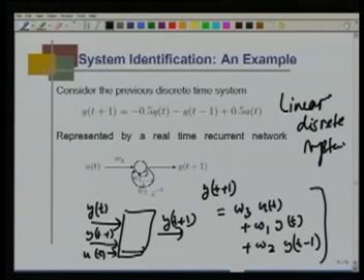This is linear. So, this network has this response, the linear dynamic. So, obviously, I do not know what is W3, W1, W2 of this network.